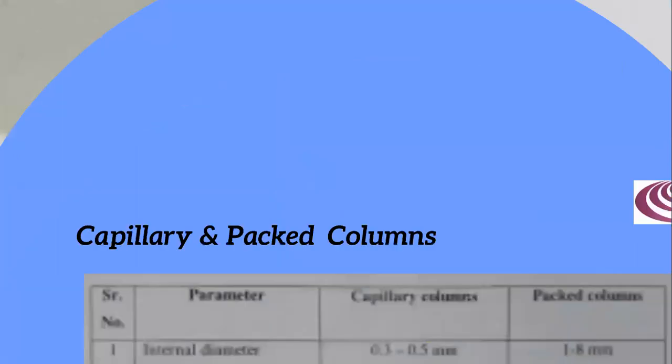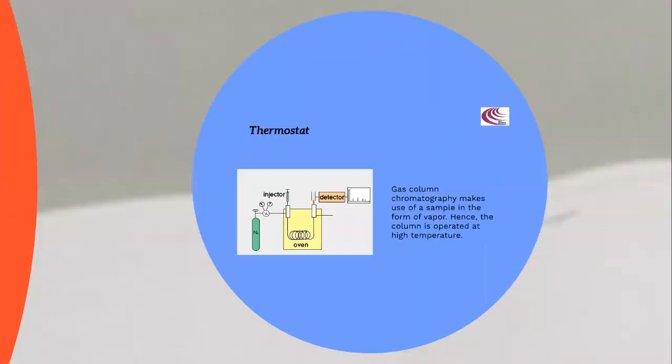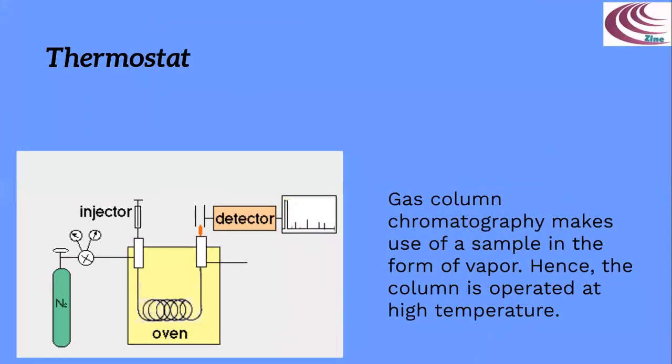So dear students, today we will talk about the thermostat, one of the components of gas chromatography. Gas column chromatography makes use of a sample in the form of a vapor. Hence the column is operated at a high temperature.